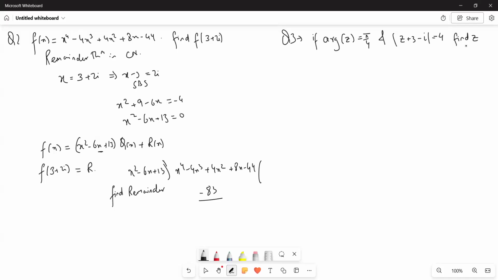If argument of z is pi by 4 and mod of z plus 3 minus I is equal to 4, what would be z? लोकस से इंटरप्रेट करना होगा.